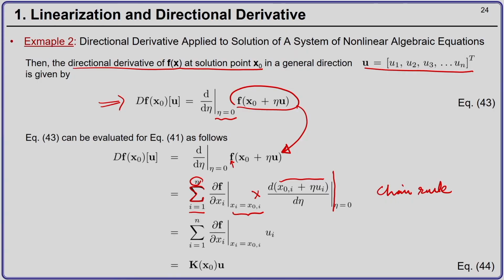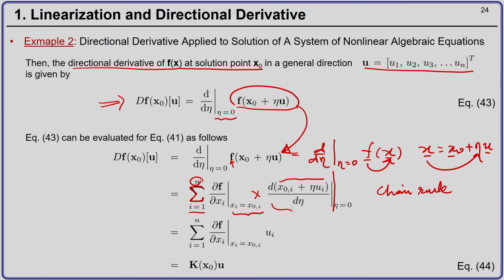To look at it more closely, let us say this is x, where x is x 0 plus eta u. So, f is a function of x and x is a function of eta. If you have to take del f by del eta, it would be del f by del x into del x by del eta. That is what we have done in the second step.